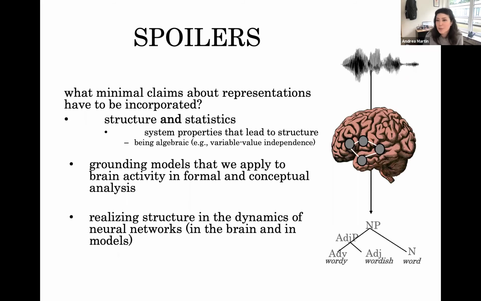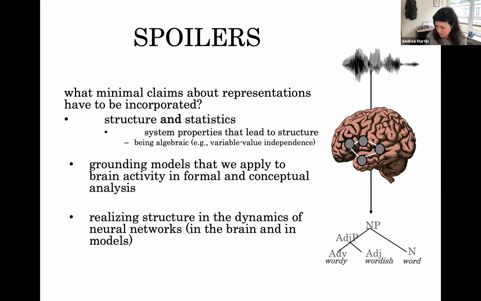So here are the spoilers about the rest of what I'm going to talk about today. So how do we do this constraint and transduction? So again, like I said, it's by using what we know has to be there in the formal description of linguistic structure and the processing tenets of psychology and neuroscience and computation all at the same time. So it's a tall order. So questions like what minimal claims about representations have to be incorporated. So as I've said so far in this introduction, we have to have structure and statistics.